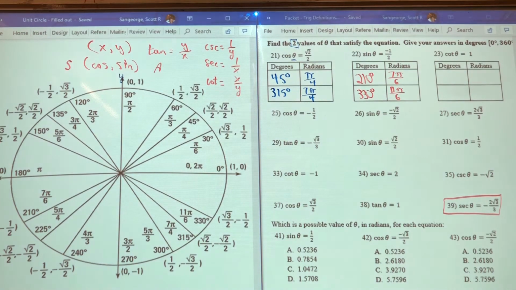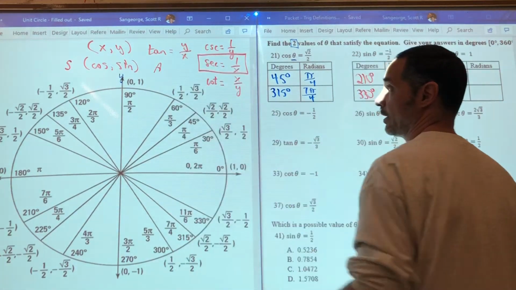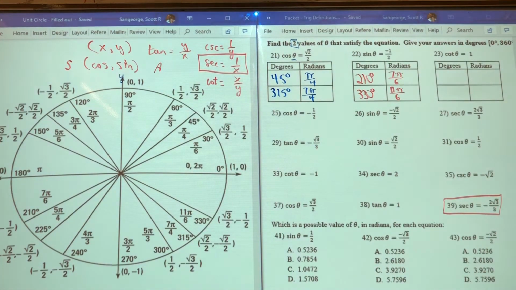But secant is expected to be a little bit different. We got a secant is 1 over x. So we need to find an x value that has a negative in it, because it's negative, and also has a square root of 3 in it. So I'm looking for a secant who has a negative and a square root of 3 in it.